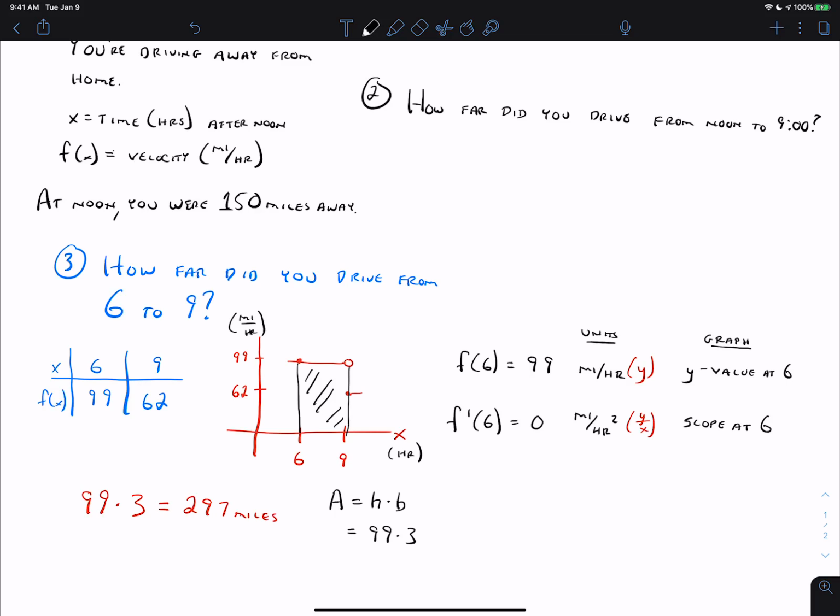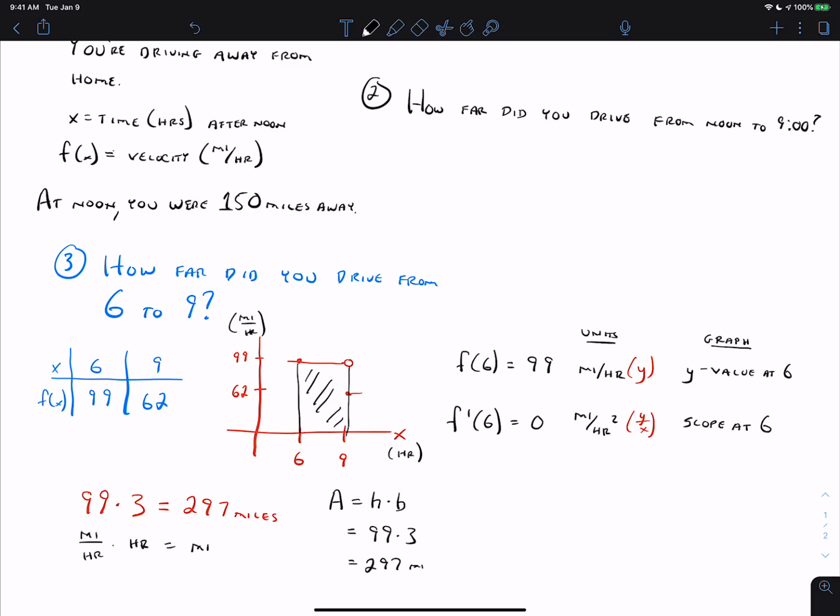The base is measured in hours, again, not a unit that's typically associated with length. And so when we do this calculation, we're doing 99 miles per hour times 3 hours. The hours cancel and you get miles. And so the area there is represented graphically. The area of that is 99 times 3, or 297 miles.